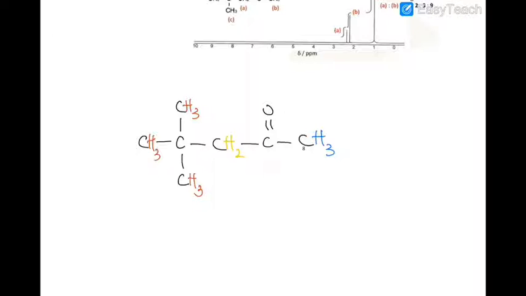Now, when we look at these hydrogens, we have 9 hydrogens in the same chemical environment. Here we have 2 hydrogens in the same chemical environment, and here we have 3 hydrogens in the same chemical environment. This is going to give us the intensities of the peaks. So how many hydrogens we have gives us the intensity.